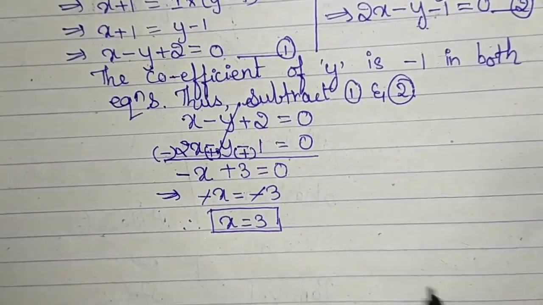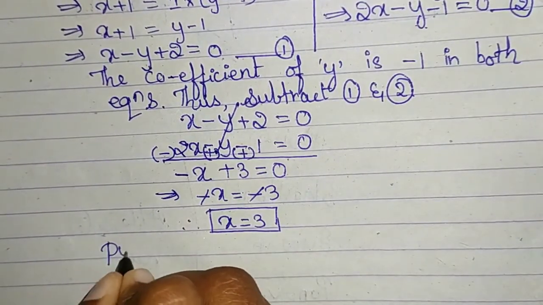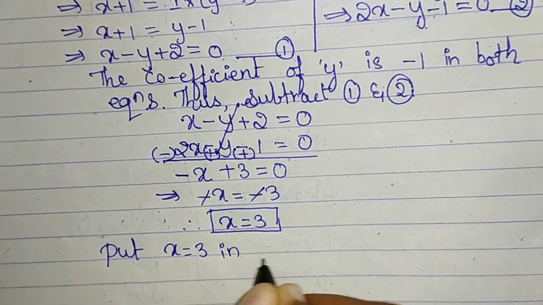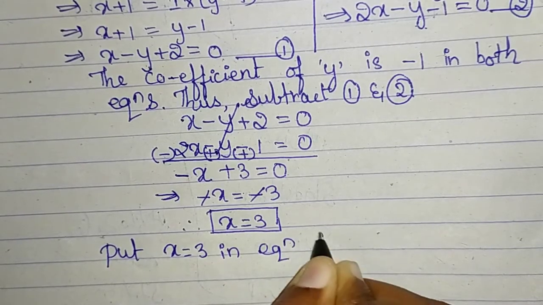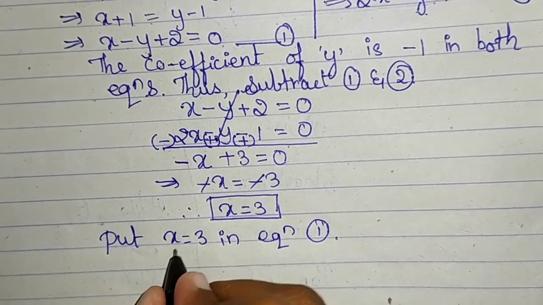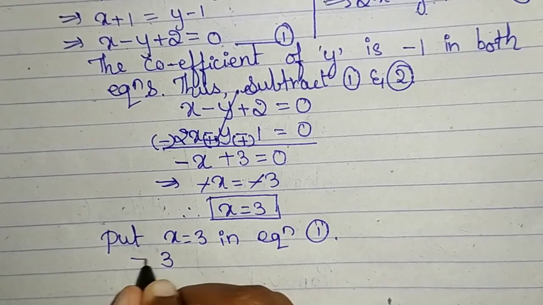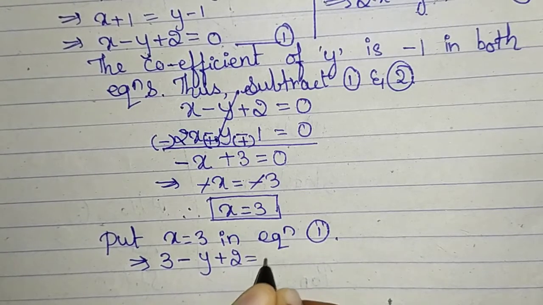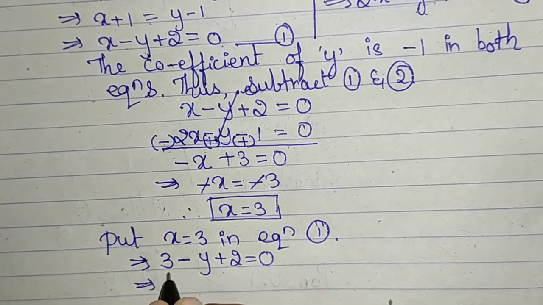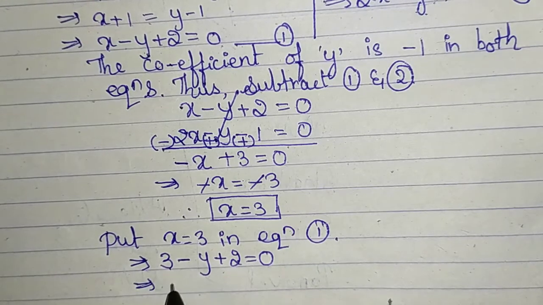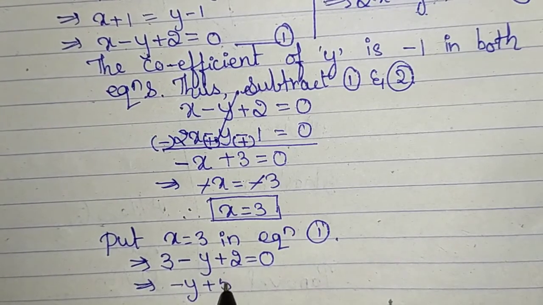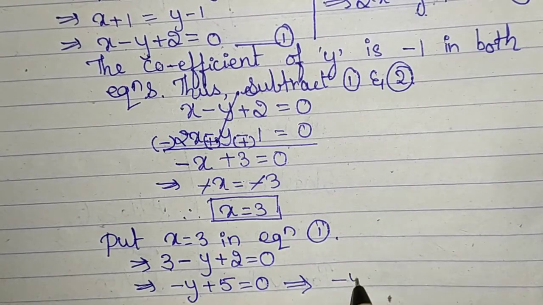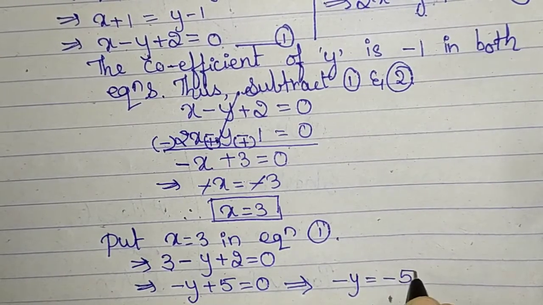Now to find the denominator, put x equal to 3 in equation 1. In equation 1, let us put x equal to 3. We get, this implies 3 minus y plus 2 is equal to 0. This implies 3 plus 2, 5. So minus y plus 5 is equal to 0. This implies minus y is equal to minus 5.